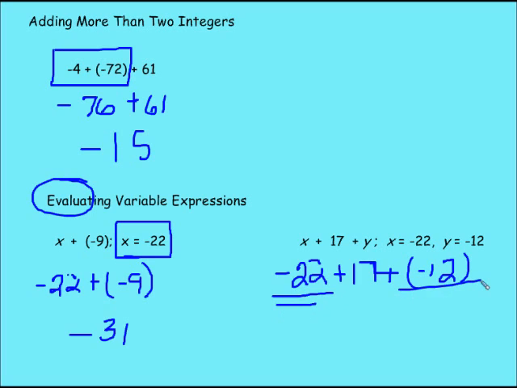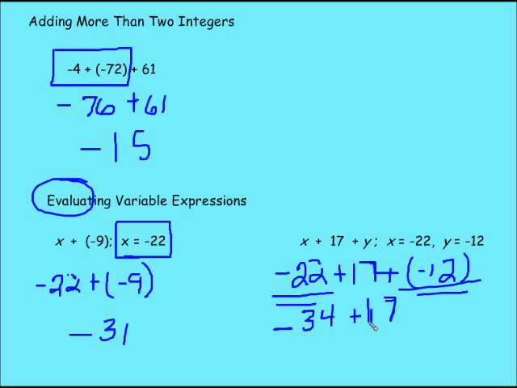I've got a negative 22 and a negative 12. Let's combine those first. They're both the same sign, so we're going to keep the negative. Negative 22 and negative 12 would give me a negative 34. I didn't do anything with the positive 17 yet, so I'm carrying that down to my next step. Negative 34 plus 17, opposite signs, so I'm going to find the difference.